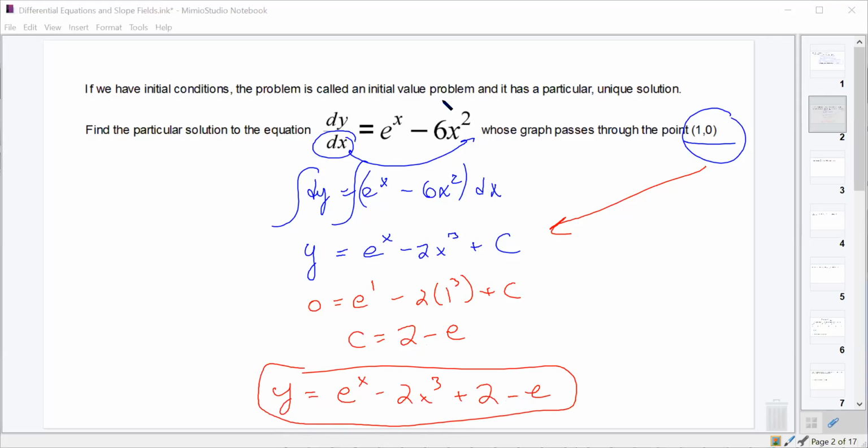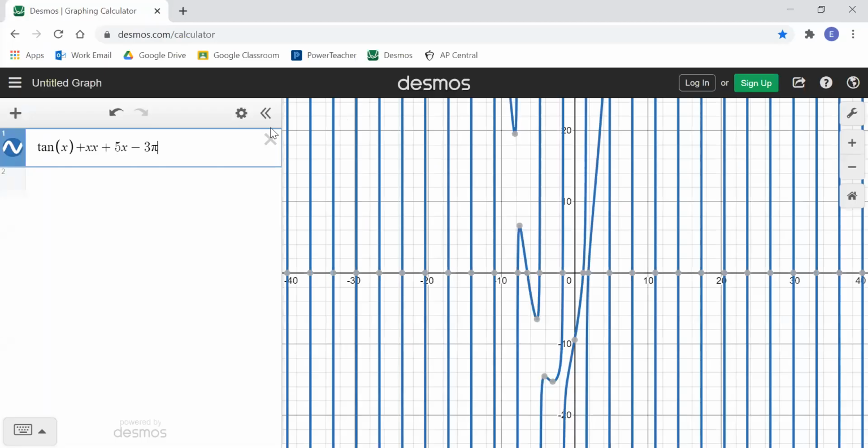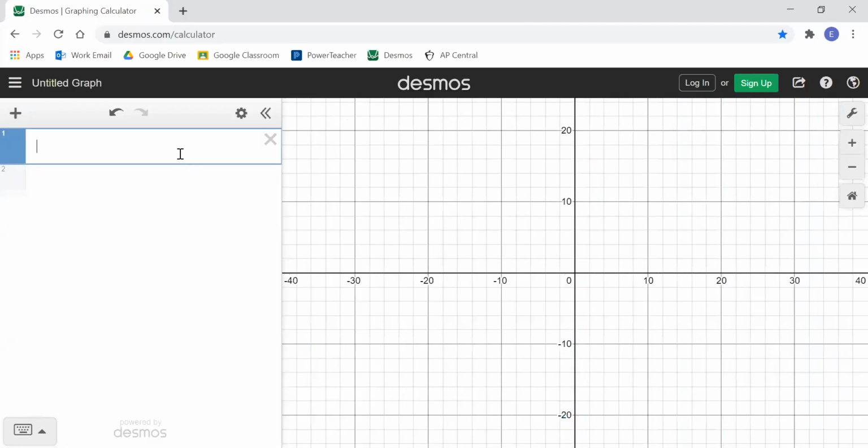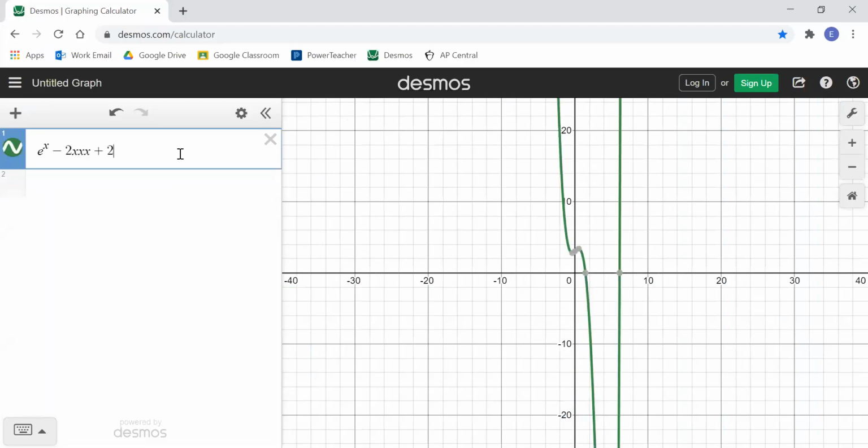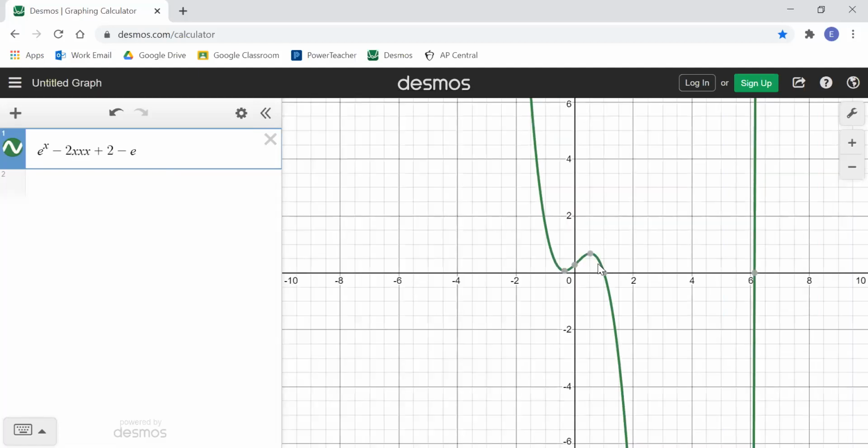And if we were to go in and look in Desmos, we have e to the x, minus 2x to the third, plus 2 minus e. So there's the function. It goes through the point 1, 0, which it was required to do.